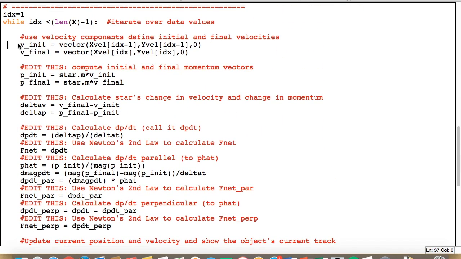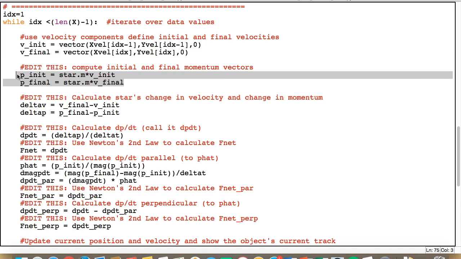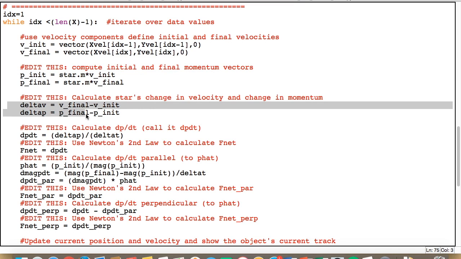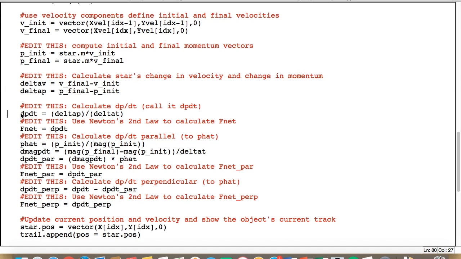So we find the velocity by using the data file that we were given, and then use that velocity to find our initial and final momentum. We have to find the change in momentum and the change in time, and then we know that dp dt is equal to our change in momentum over our change in time. As stated before, we are to assume that F net is equal to dp dt.